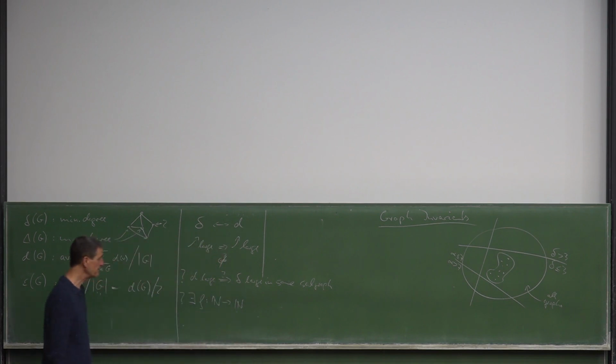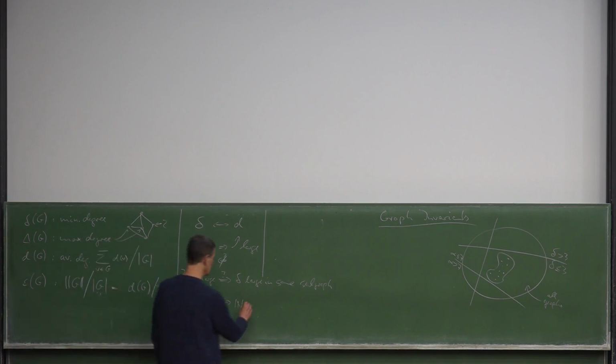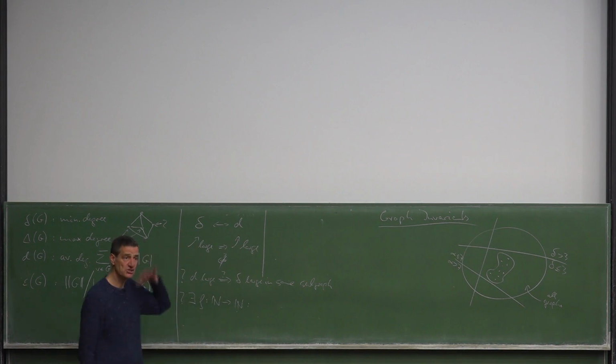Is there a function f such that I can force any min degree in a suitable subgraph as high as I like by assuming that the average degree of the original graph is large enough?